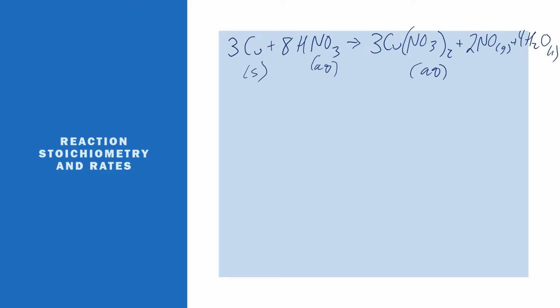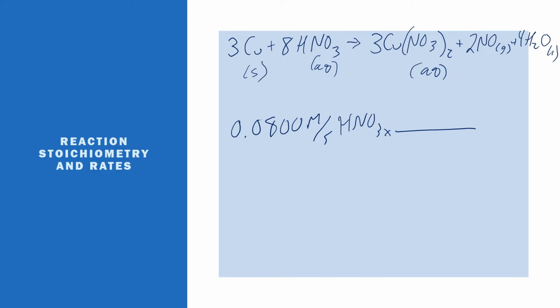For example, if you know that the rate for HNO3, nitric acid, is 0.0800 molarity per second, that's the rate of disappearance, because it's a reactant, it's getting used up over the course of the reaction.